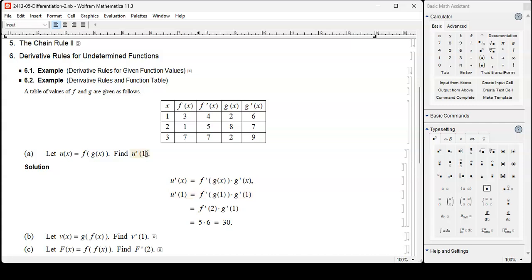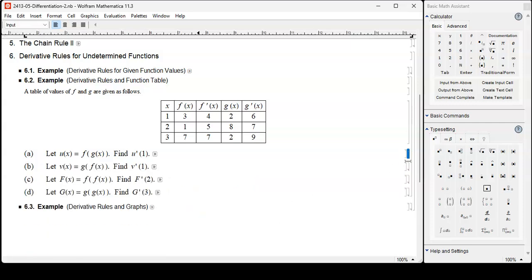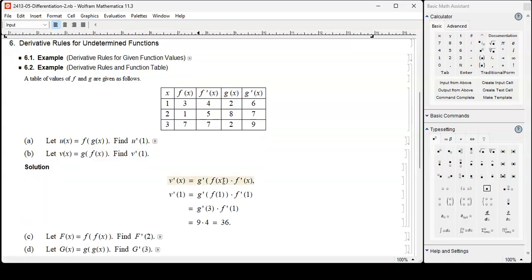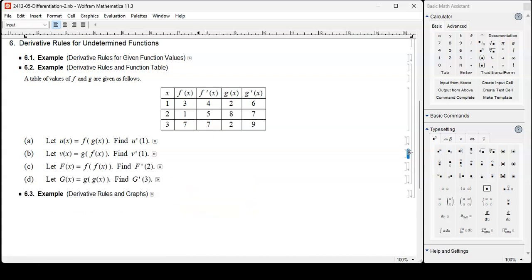The first x value is 1, but just the first column here is not going to be enough because I end up moving out of there. g of 1 is 2, so we need the entire table. Same thing goes here as well. x is 1, but f of x is not 1. It goes outside of this, so go to 3 and so on and so forth. So you have to read the entire table.